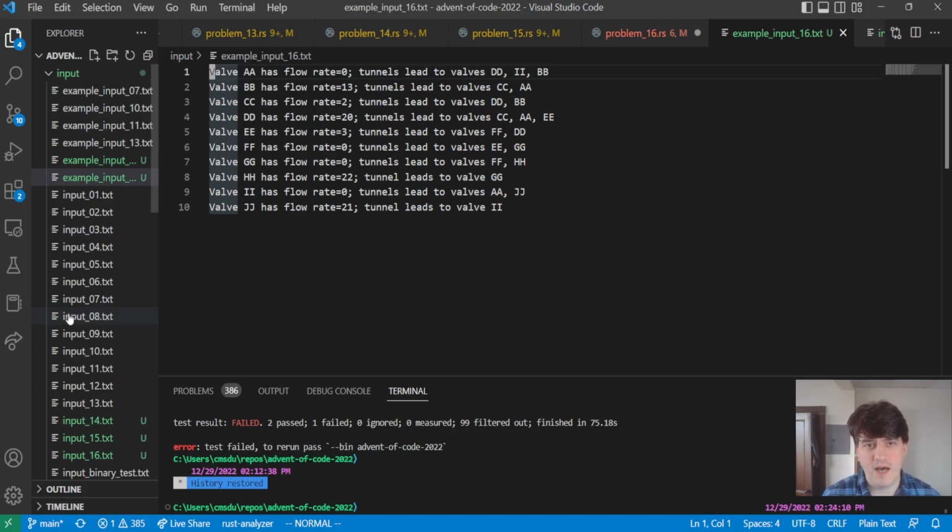Also, F, G, and I should never be opened here. There might be similar cases. Kind of interesting.